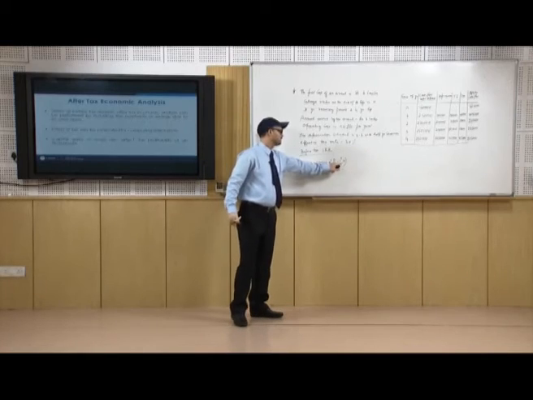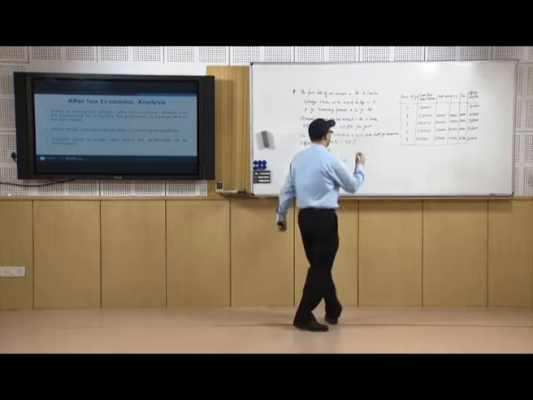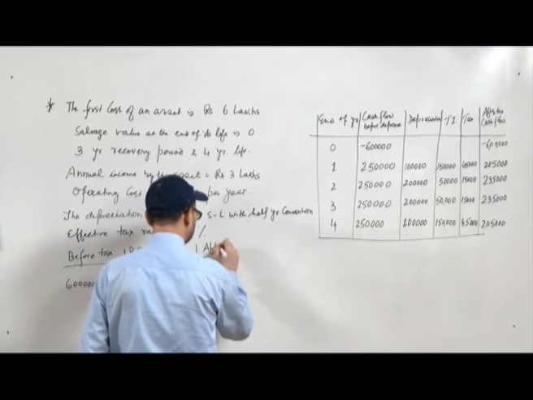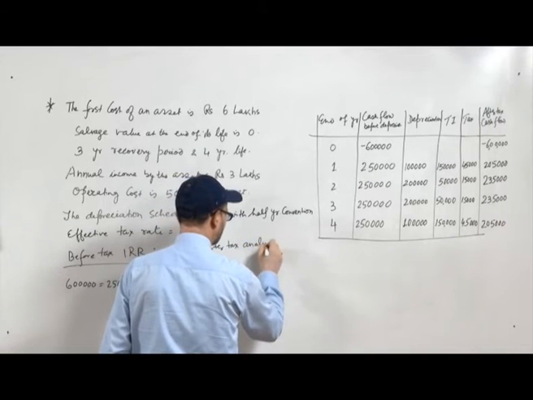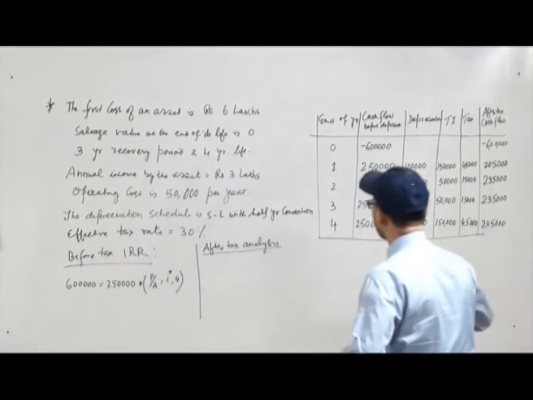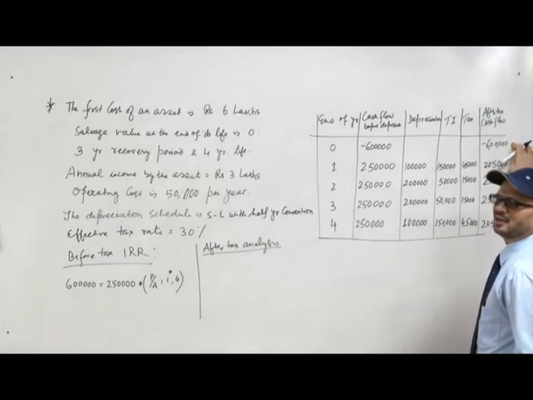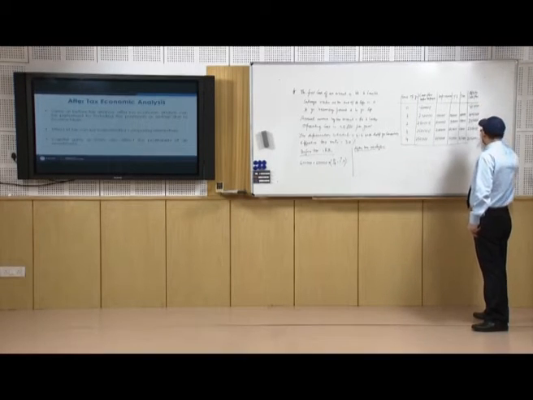This gives you the internal rate of return before tax analysis. Once we go for after tax analysis, you again have to set the equivalent present worth value as 0 by taking into account these factors.